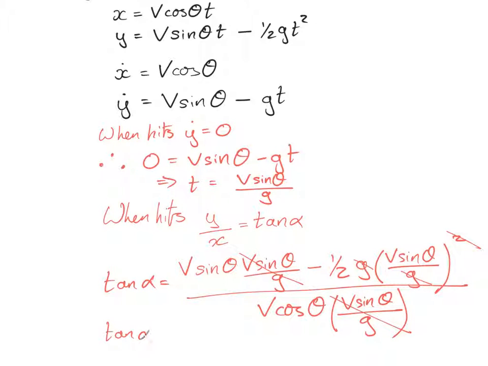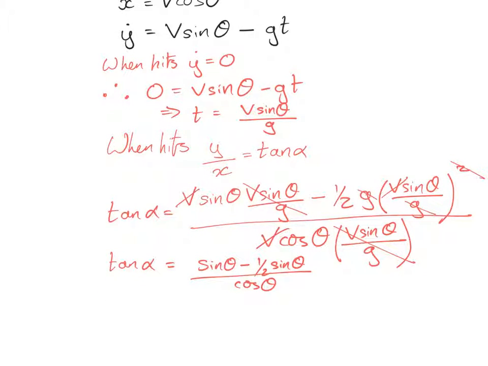So tan alpha equals, and that v goes with that v goes with that v. We've got sine theta minus a half sine theta over cos theta. So tan alpha equals a half sine theta over cos theta equals a half tan theta.